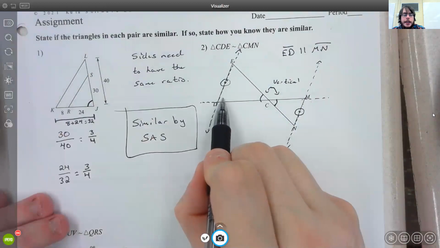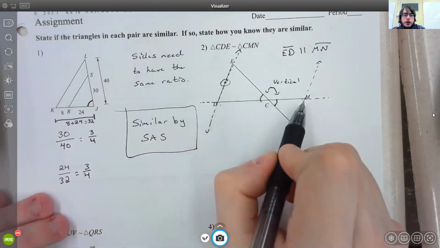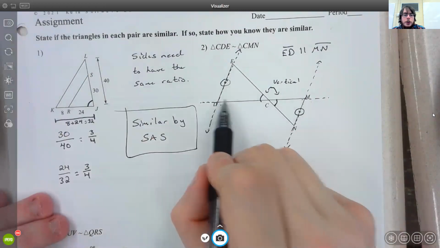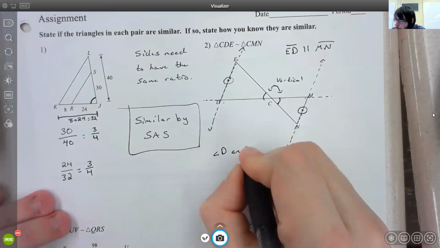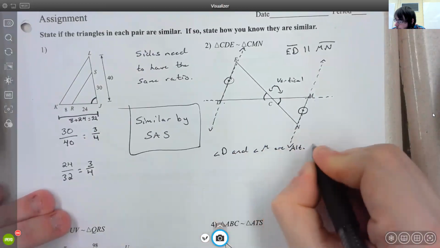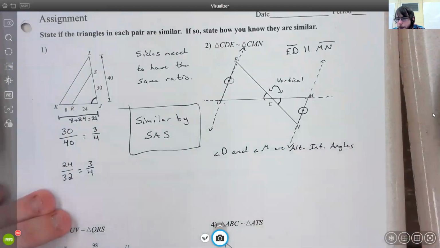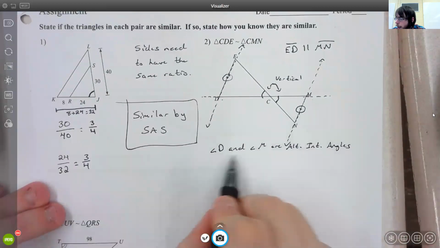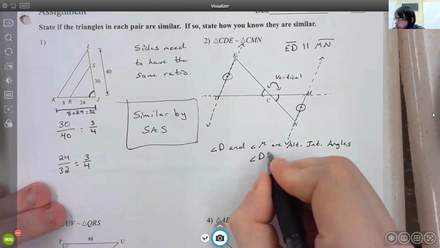Well, angle D and angle M are on opposite sides of the transversal, and they're also both in the interior. So angle D and M are alternate interior angles. And if you remember, we talked about how alternate interior angles are congruent.